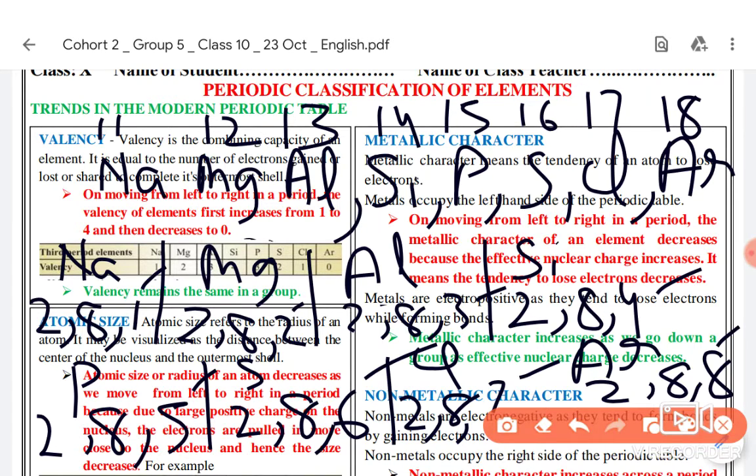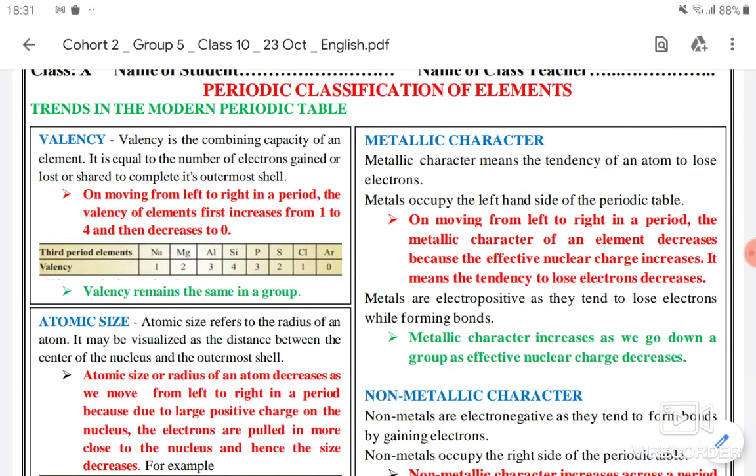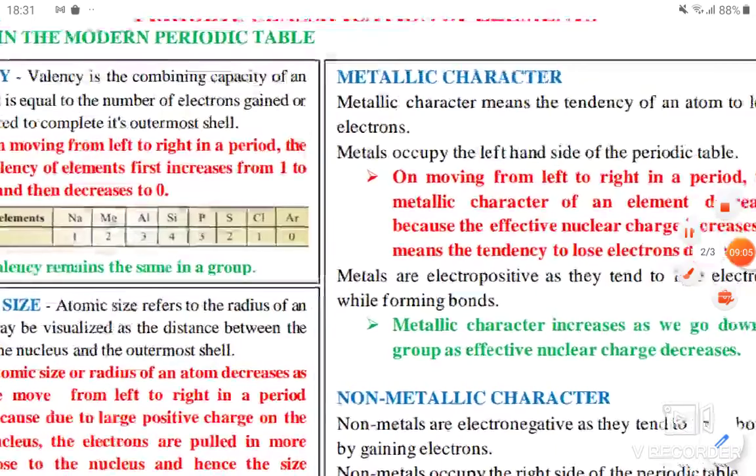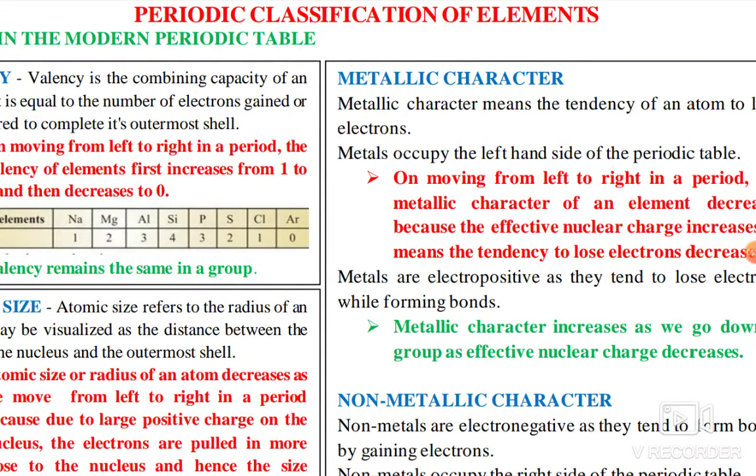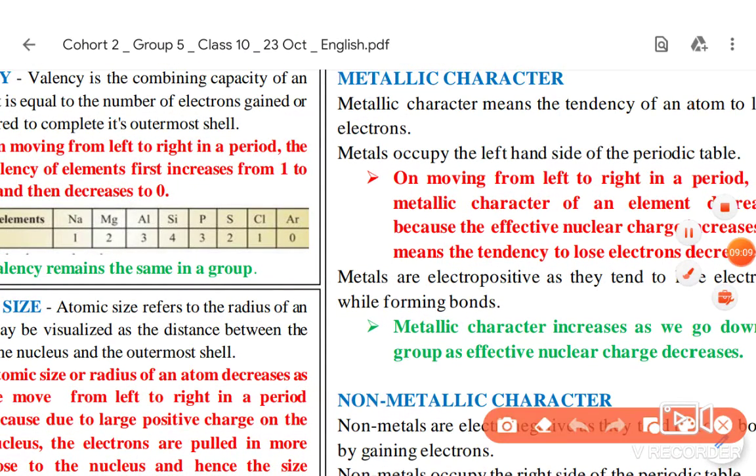But what about valency? As given in this table, sodium contains 1 valence electron, magnesium contains 2, aluminium contains 3, silicon contains 4, phosphorus contains 5, sulfur 6, chlorine 7, and argon 8.